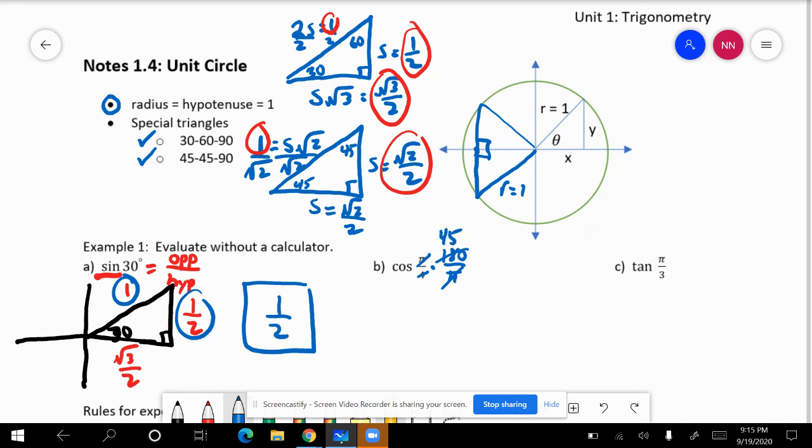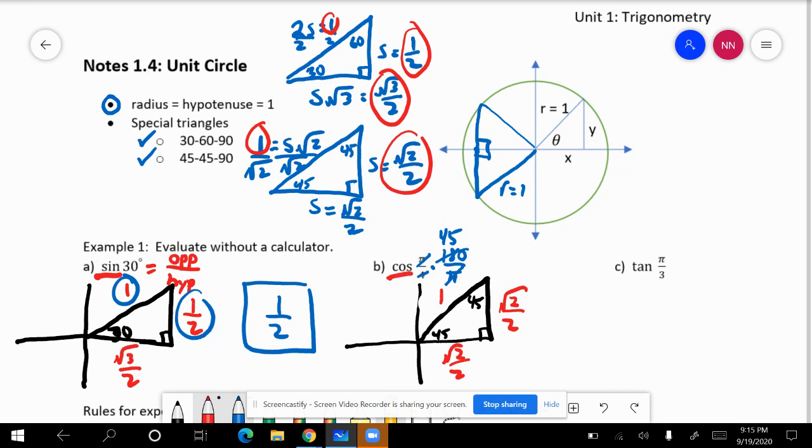So that means that when we draw our coordinate system and we draw our triangle, what we have is a 45, 45, 90 triangle. Now our hypotenuse, once again, is always 1. So if that's 1, then that means our 45-degree sides are rad 2 over 2 and rad 2 over 2.